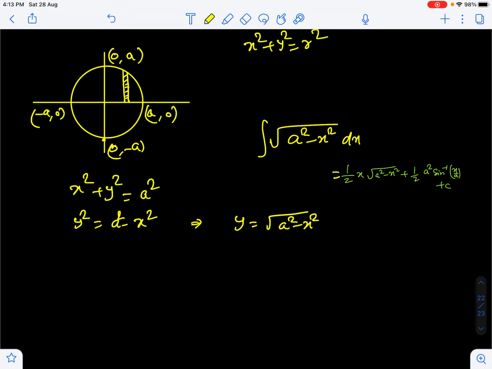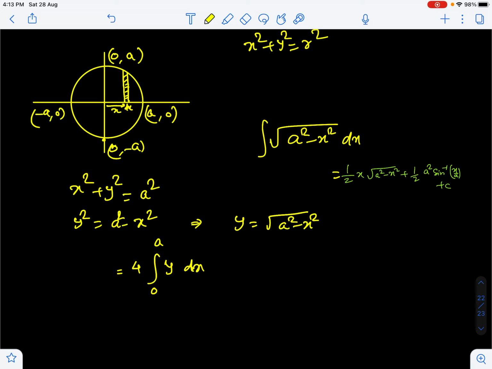So the area of this strip is nothing but y into dx. I have taken at a distance x a strip dx, so this area is again y into dx. The integration limit is from 0 to a, but one thing you have to keep in mind: this is 4 times this quadrant, because when you integrate now you get only this area. So you have 4 such terms, so I have multiplied by 4.